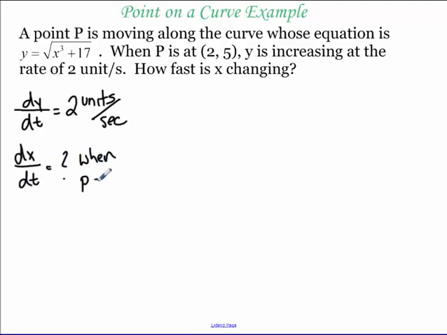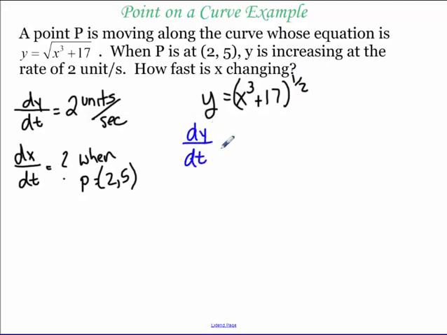when our point on our curve is (2, 5). Okay, so we have our equation. y equals x to the third plus 17, I'm going to put it to the 1/2 power. Now we need to find dy dt. So I find that we have a chain rule happening here.